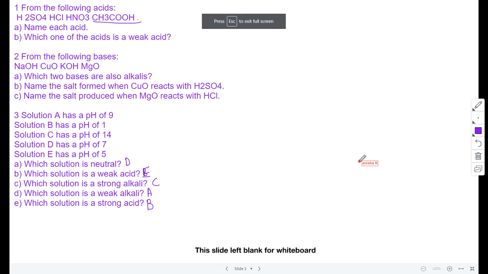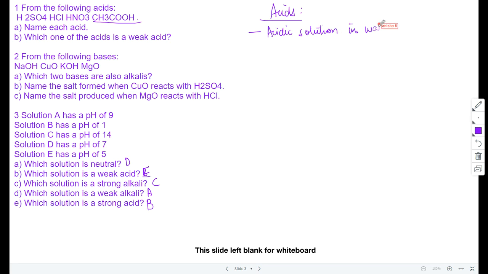Fine. Now going into more detail. We just saw that acids form acidic solutions. What acids form? Acidic solutions when they are in water. So what happens?